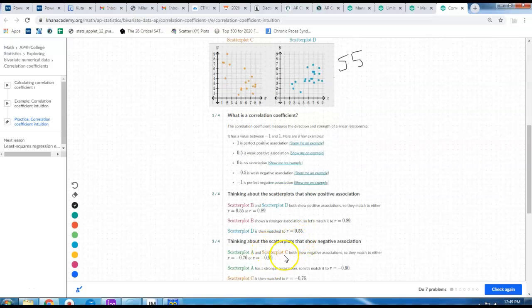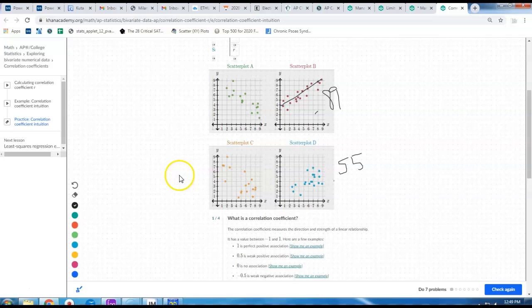And then the two negative numbers they gave you, just looking by their answers, must have been negative 0.76 and negative 0.9. Negative 0.9 would be this one, because negative 1 would be dots perfectly on that line. Negative 0.9 is pretty close to that. That's a stronger relationship. And these are more spread out. It's still negative, but this is going to be your negative 0.76.